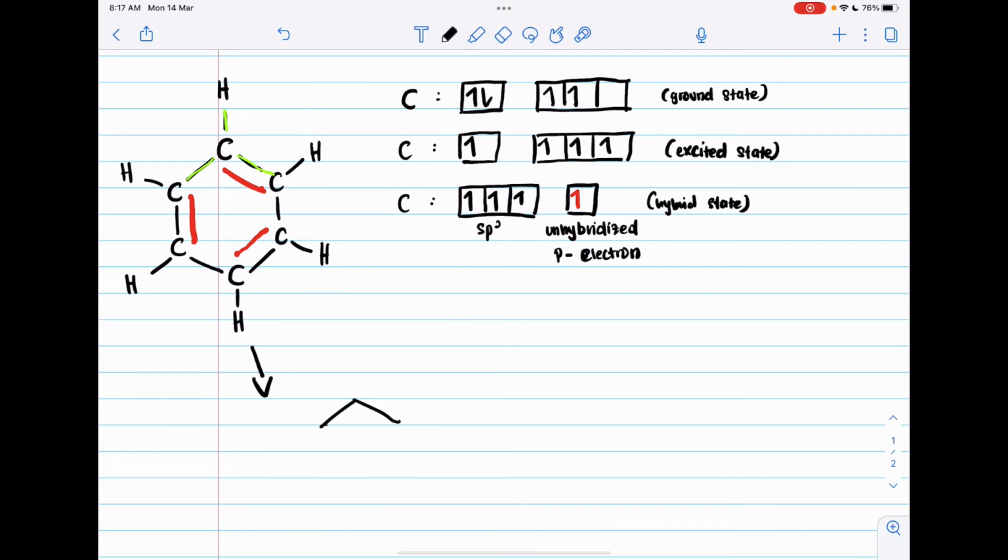One, two, three, four, five, six. Ataupun macam Madam cakap tadi, boleh juga kita lukis dia seperti ini. Dia dah macam ni pun boleh, tak ada masalah.